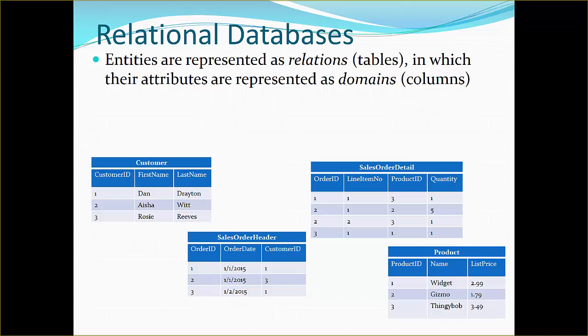The entities become the tables, and then they have attributes. We said these attributes are the properties of the entities. In the case of a customer, they have a first name, they have a last name. For a product, they have a name and a list price, and we went ahead and talked about how we model these database elements, in which when the entities become the tables, the attributes become the columns.